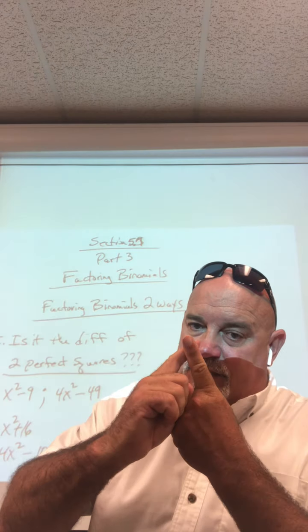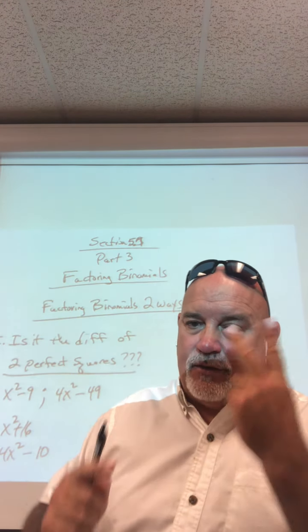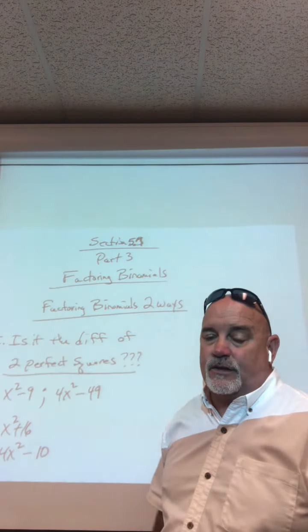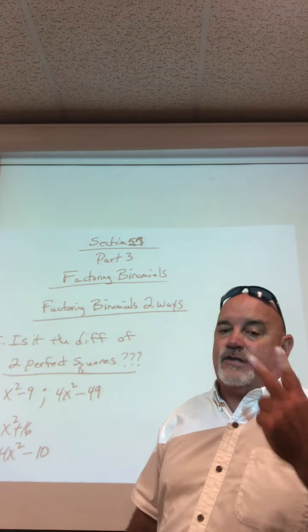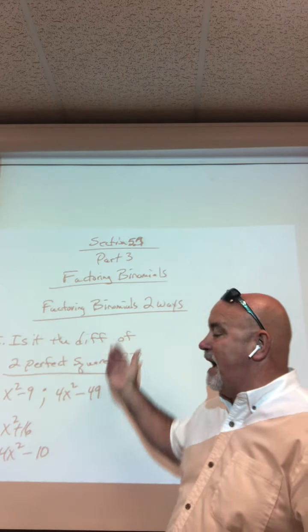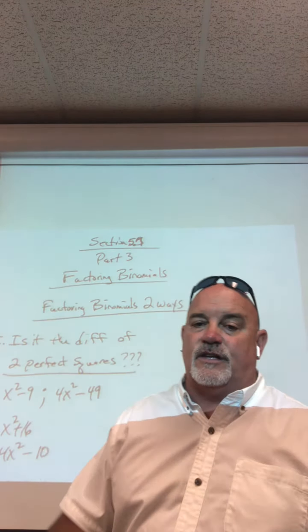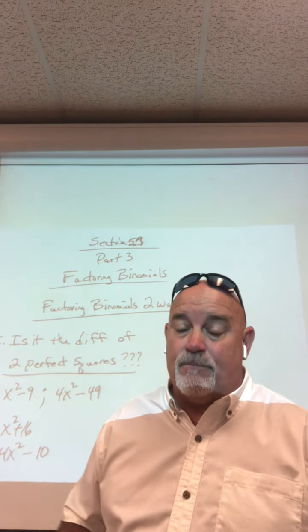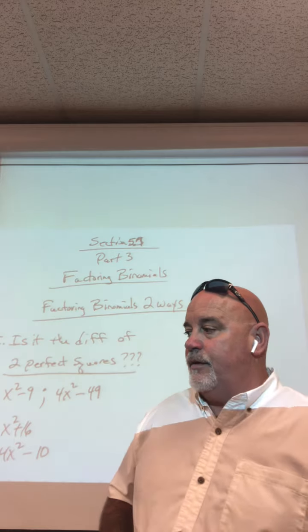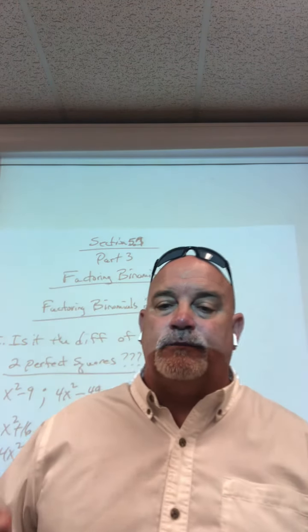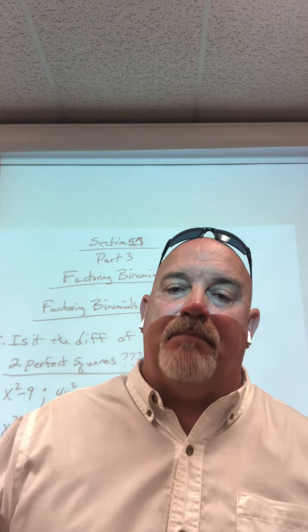So we're going to look for GCF, and then after that, there's two things we ask ourselves. One, is it the difference of two perfect squares? Two, is our last method on binomials, and this will close us out on factoring binomials and factoring period in the next video. So next video, section 5.7, part 4, to wrap up factoring binomials.